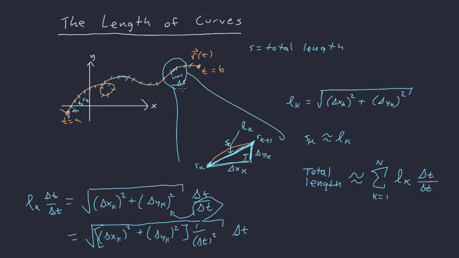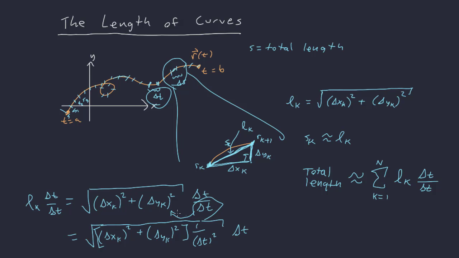I said I'm splitting this into delta s's, but really what I'm doing is I'm splitting it across the exact time steps. I am sorry about that. I don't think I explained that well enough. Because these little s's are going to be different lengths, but we're splitting it up across equal time intervals. I apologize for that.